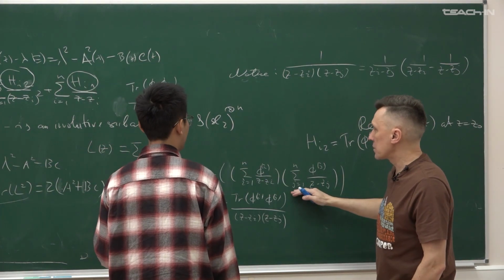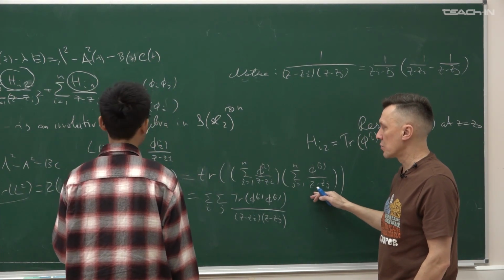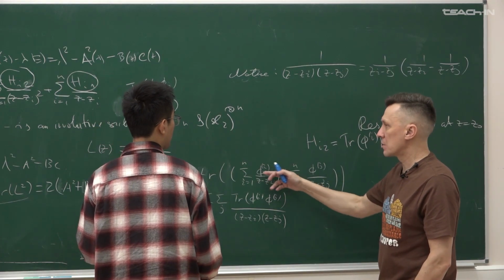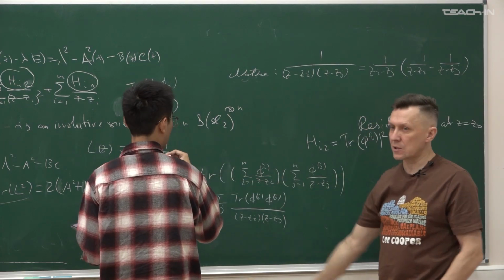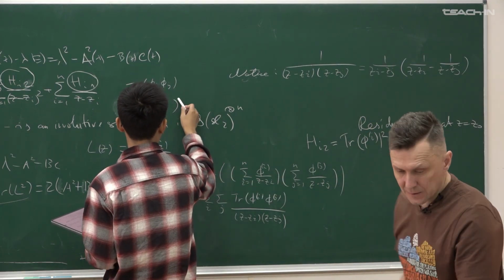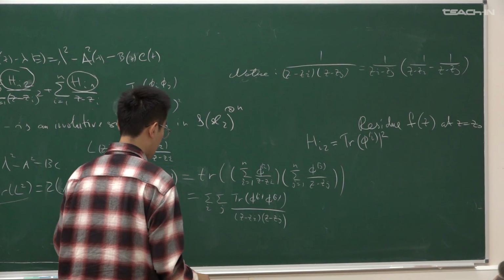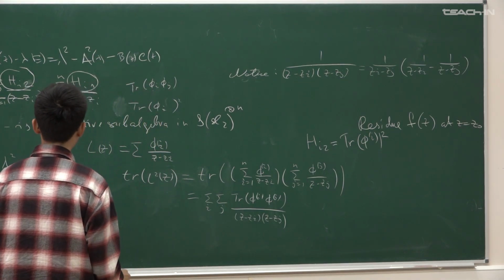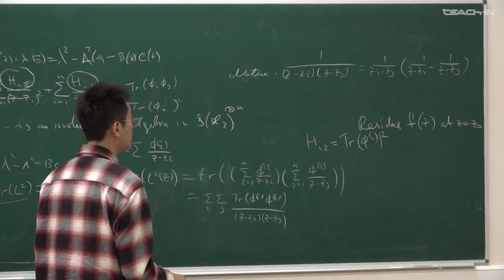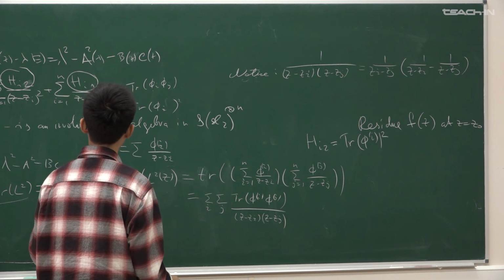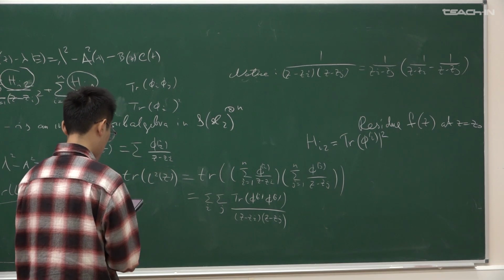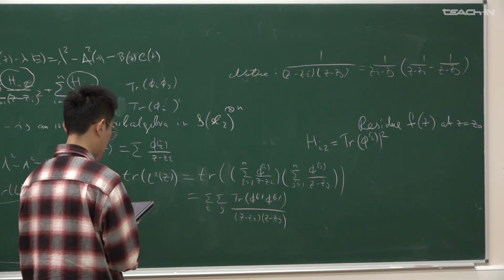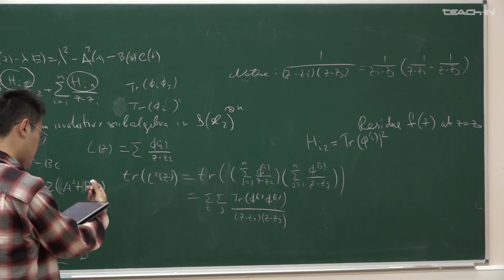Because in your product, to get the second order pole, you have to take the same residues here to multiply and to take the trace. And to get HI1, it's a little bit tricky, but it is also simple if you remember what's the residue of a function.